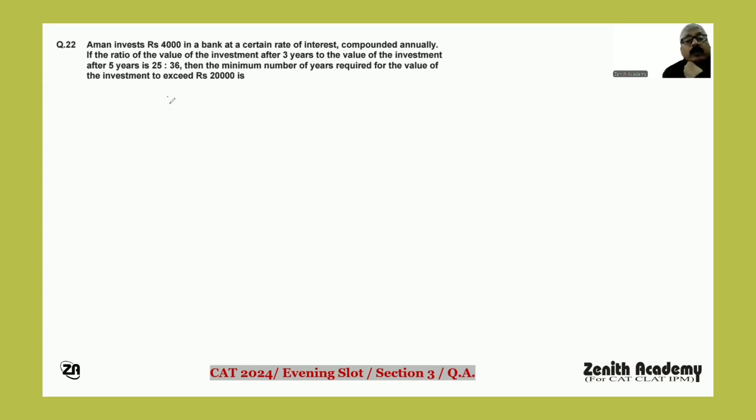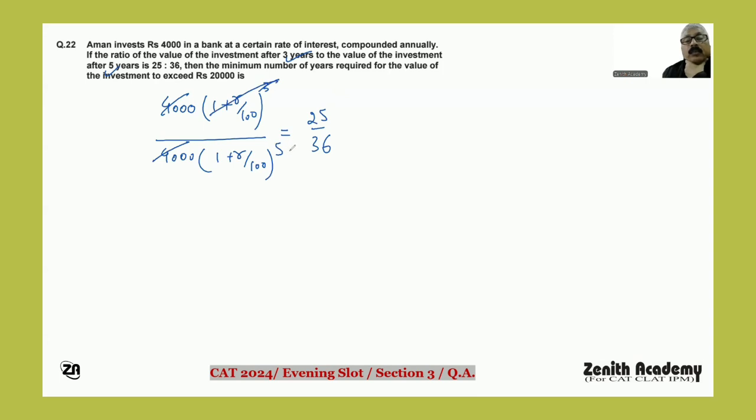So our invested rupees 4,000 times 1 plus R by 100, R is not given, to the power 3 for the 3 year case. And in the case of 5 year, it is 4,000 times 1 plus R by 100 to the power 5. And the ratio is given 25 upon 36. Okay, this cancels.